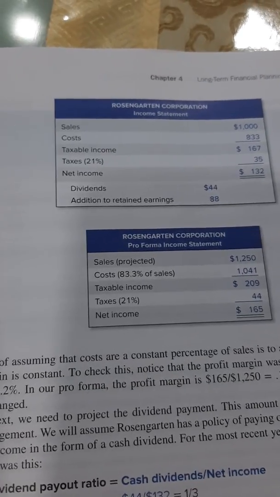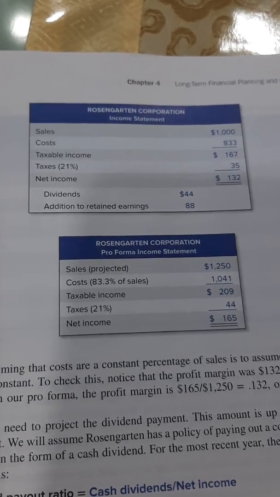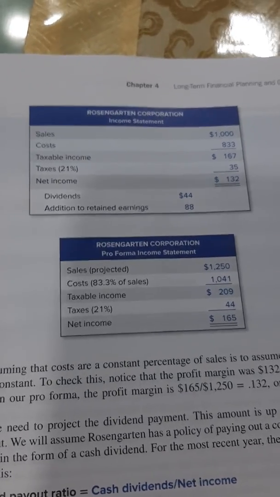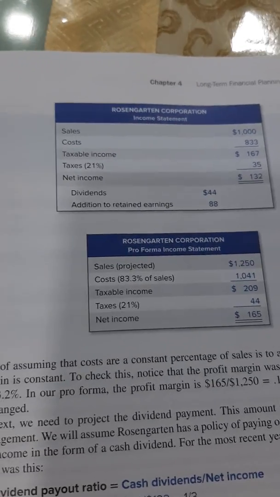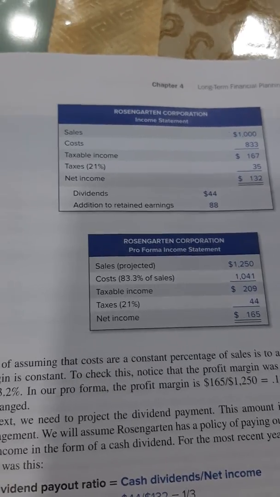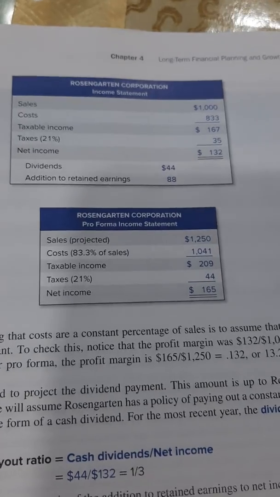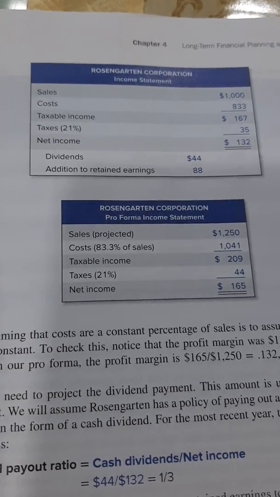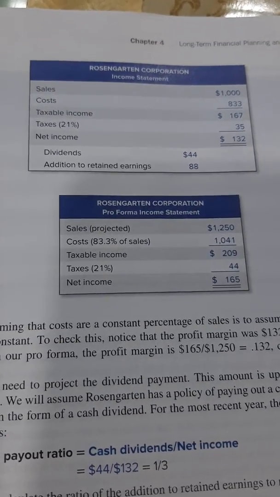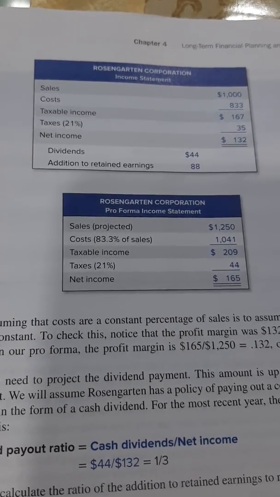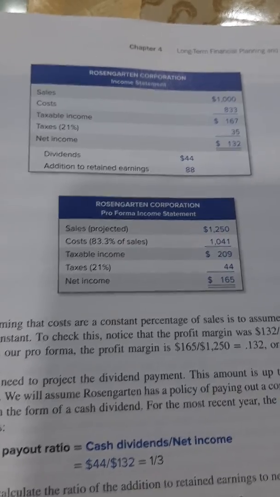Of course, the real income statement would be much more complex than this. So here we have sales of 1,000, and then the cost of 833. So the taxable income is 167. 1,000 minus 833.